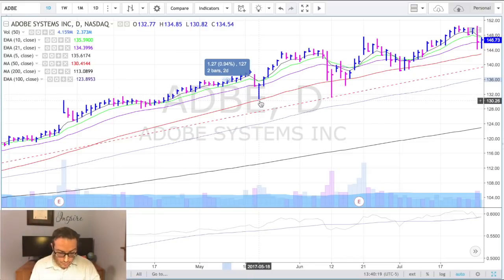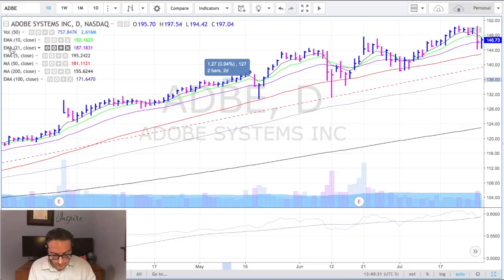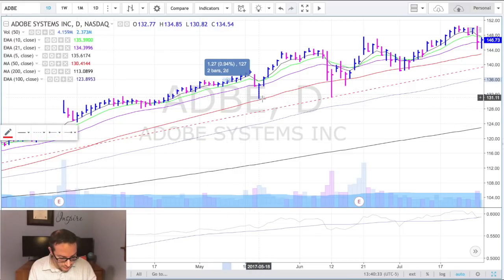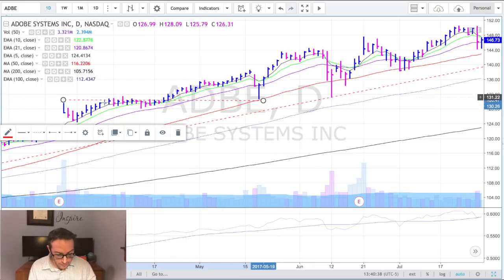But when we look at the chart, it's always good to see where it's catching support and try to figure out, well, why is it catching support over there? So it catches support at the 50-day moving average. Okay, let's take a look at what's to the left of that. To the left is this former resistance zone, right?